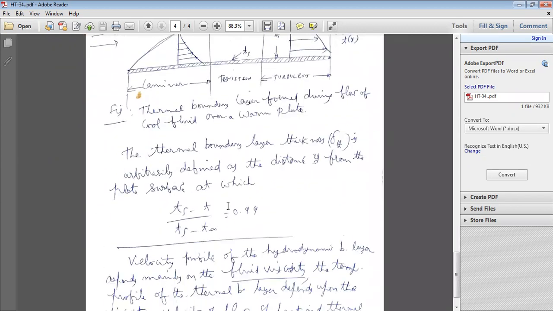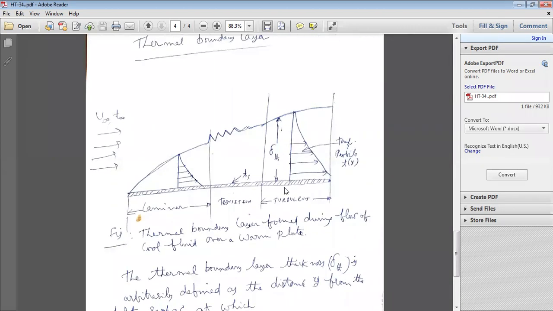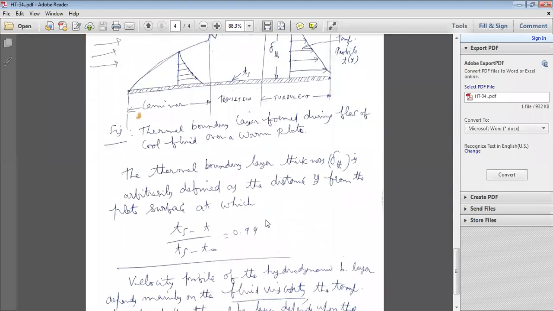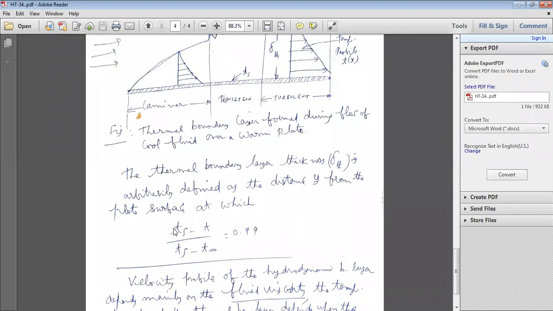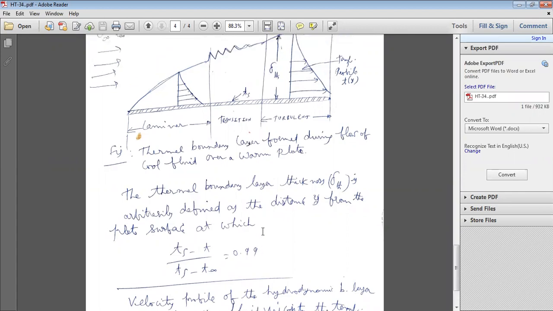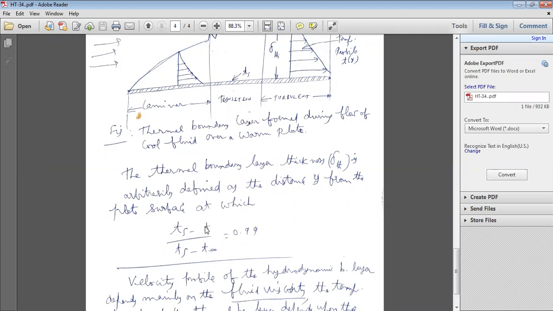So how do you define the thermal boundary layer thickness delta Th? It is arbitrarily defined as the distance y from the plate surface, in such a way that (Ts minus T) divided by (Ts minus T free stream) is equal to 0.99. So based on this, you can define it.